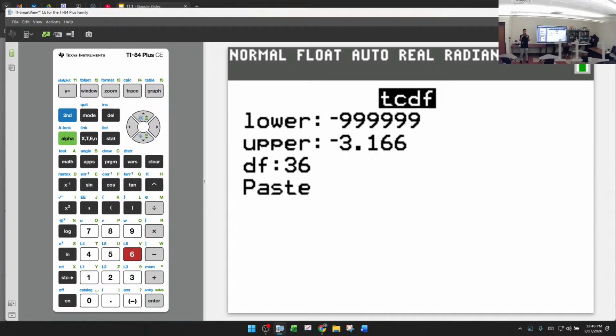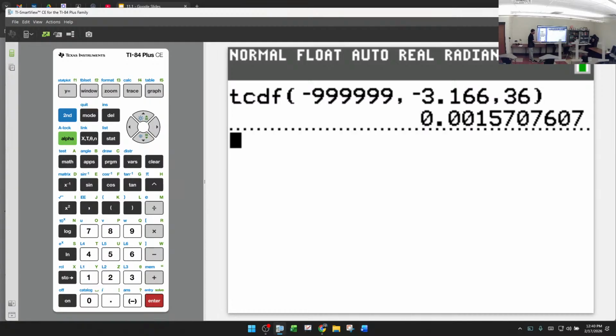If you had that t critical and you need to turn it to the p, that's how you do it. Okay, df is 36. We hit paste. Hold on, that's not the same p-value I got. Y'all remember? What tail test is this? It was two-tailed because it was a not equals. So you had to double this.